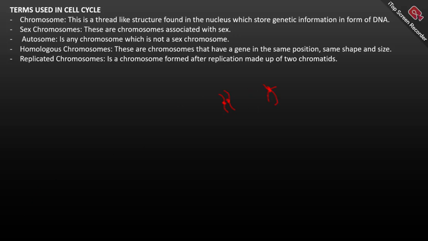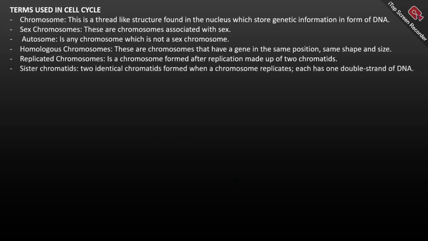Sister chromatids. The sister chromatids are two identical chromatids formed when chromosomes replicate. Each has a double strand of DNA, and they are joined at the centromere.